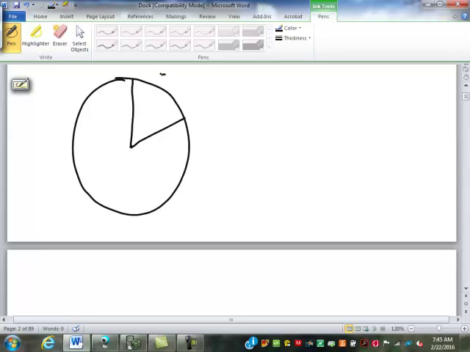If I tell you that this is a 76-degree arc, what do I know about that angle? 76 degrees. What do I know about that angle? Half of 76, 38 degrees.